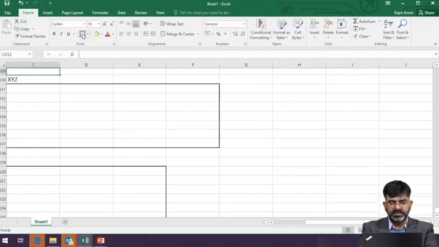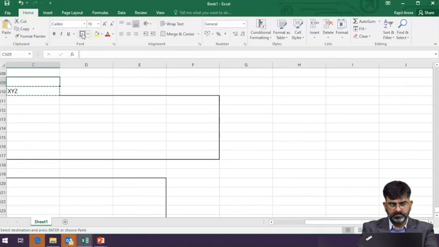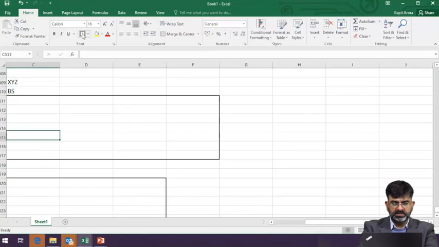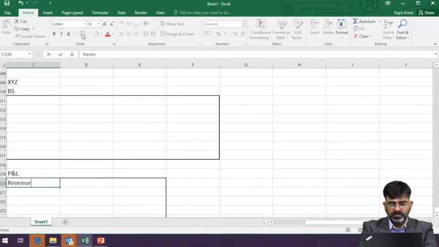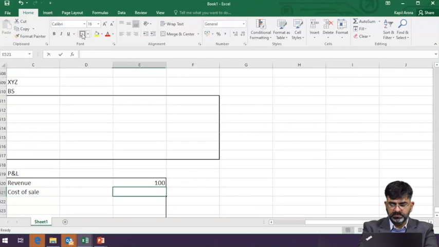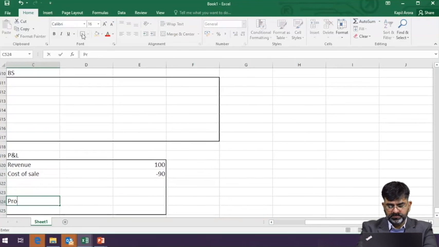So this is the balance sheet, this is the P&L. Let's assume we have revenue of 100, cost of sale minus 90, profit is 10.